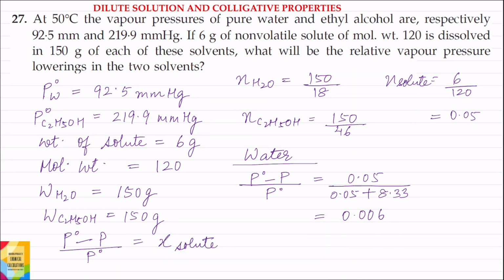At 50 degree centigrade, the vapor pressures of pure water and ethyl alcohol are respectively 92.5 millimeter and 219.9 millimeter of mercury.